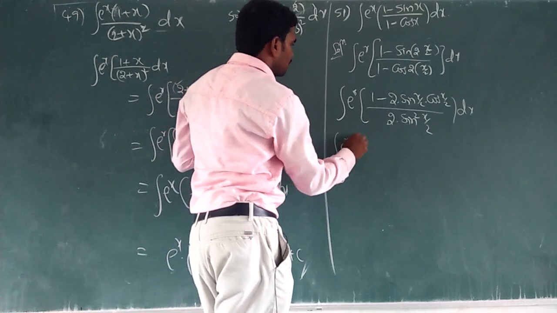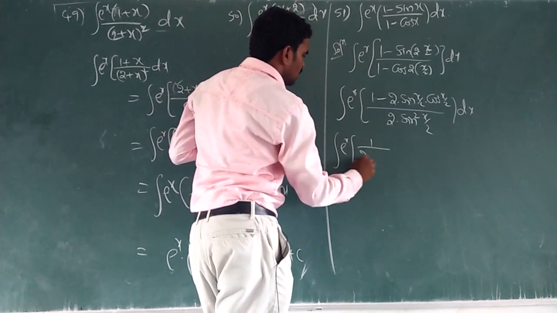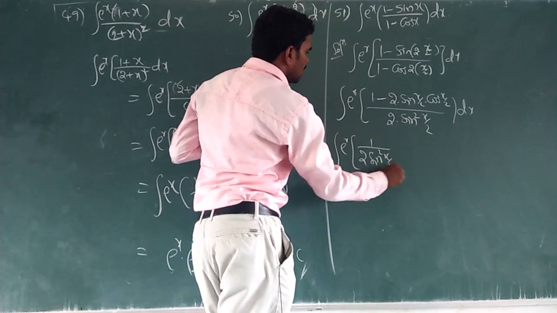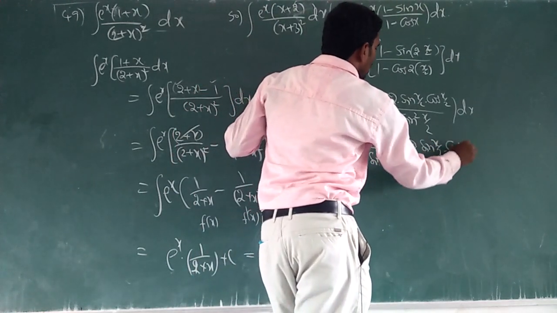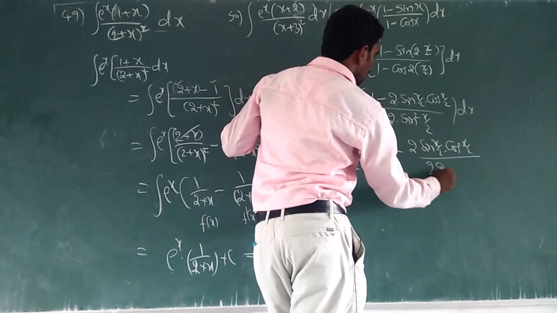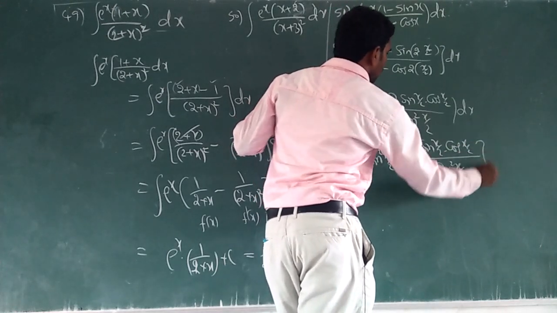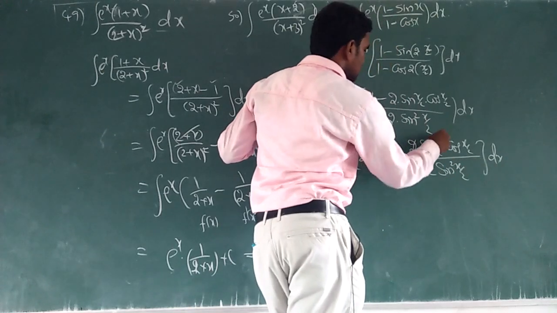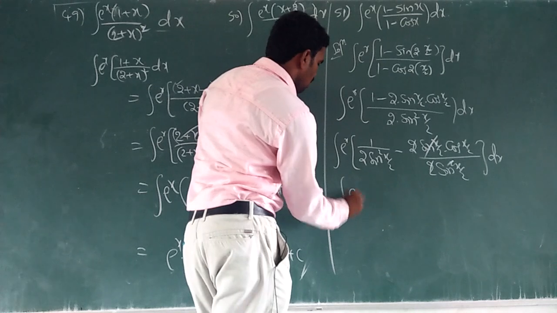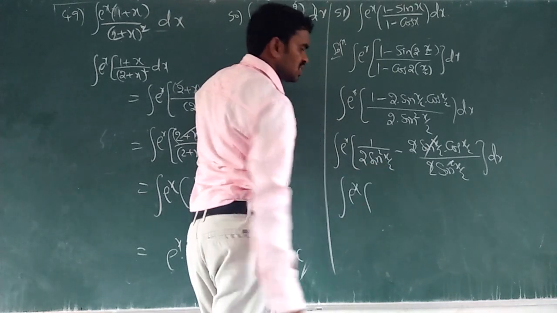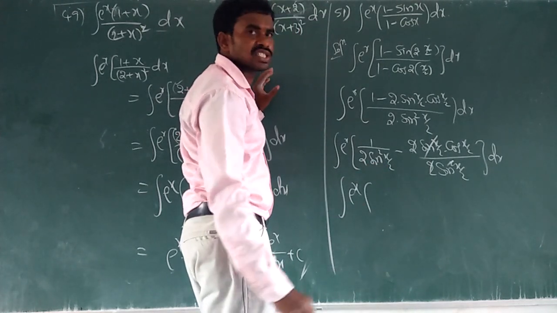Now we can split: 1 by 2 sin square x by 2 minus 2 sin x by 2 into cos x by 2, by 2 sin square x by 2, dx. 2 gets cancelled, sin square cancels; here nothing else cancels. So e power x of 1 by sin square means what? Cosecant square.